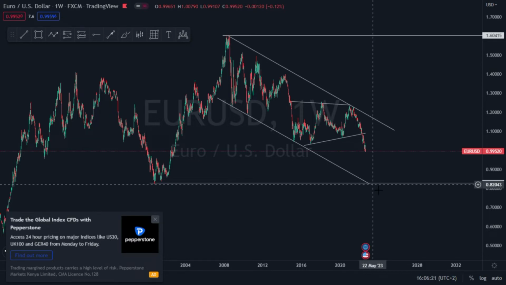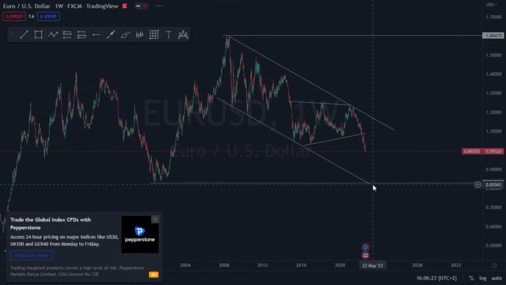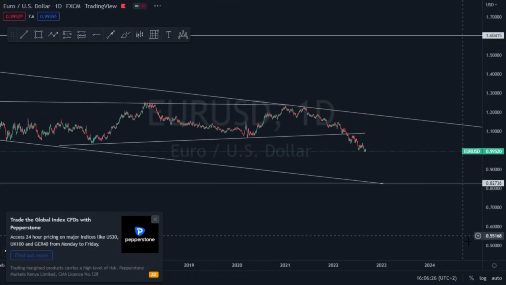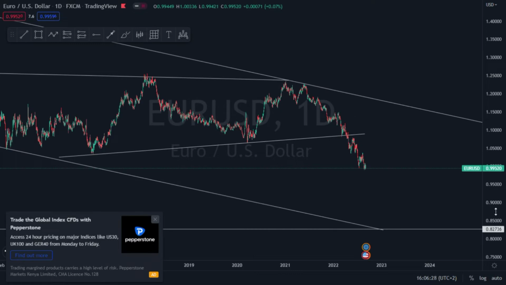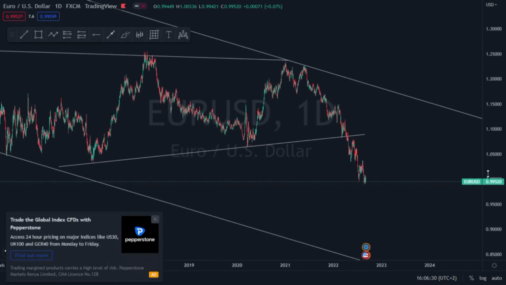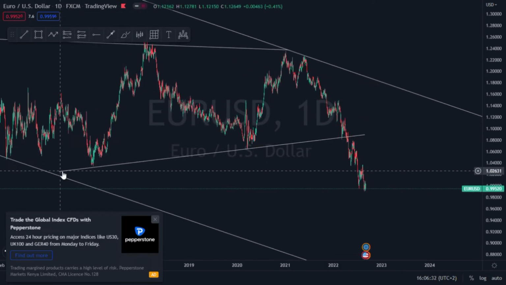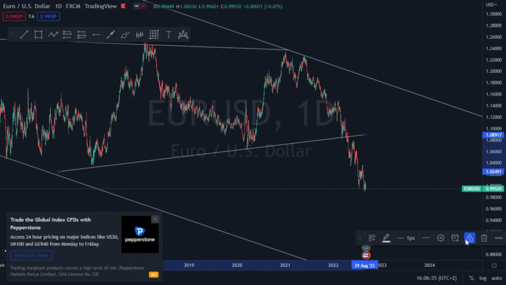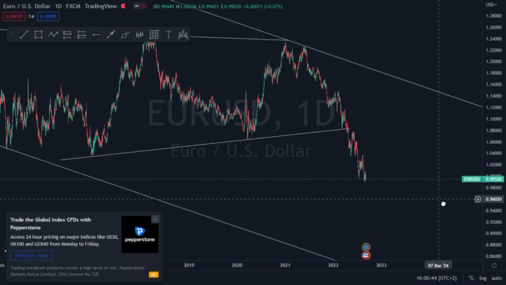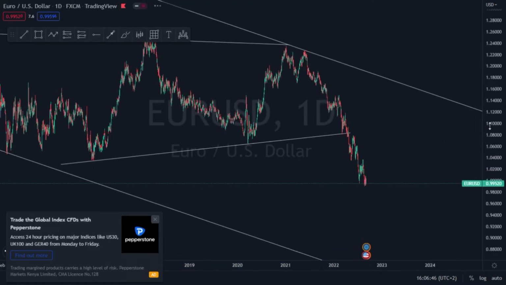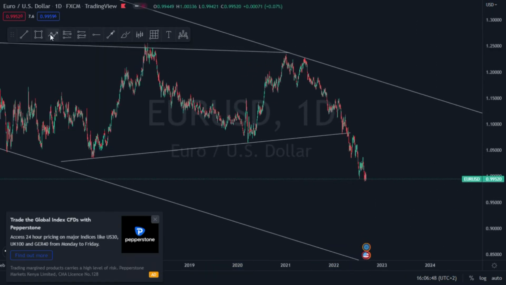If I scale it down to the daily time frame, just to scale in more and understand what more I can get from the market, how we can go about entering this market. As we can see, we also had that first touch, second touch, third touch.